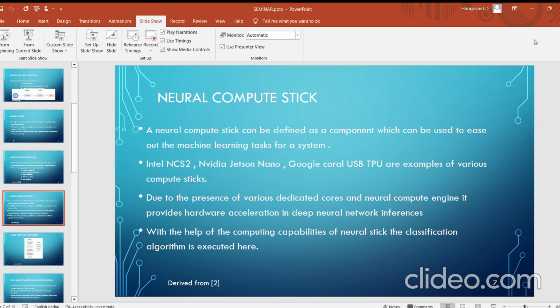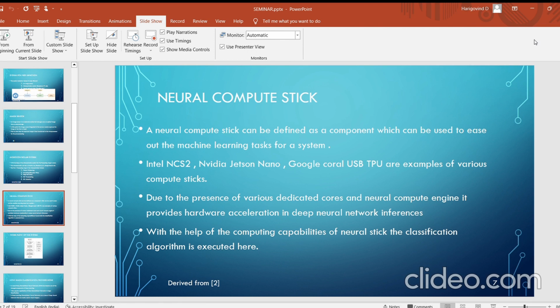Now the data after pre-processing is directly fed into the neural compute stick. The neural compute stick can be defined as a component used to ease the machine learning tasks of a system. As we previously discussed, we use the Raspberry Pi, which has a small processor with certain limitations of its own.